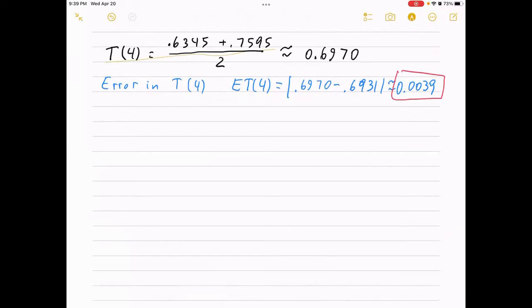Recall what we started with. We started from the interval 1 to 2, and we divided it into 4 subintervals. Then for each subinterval, we're using the value of the function to predict the height of our rectangle.